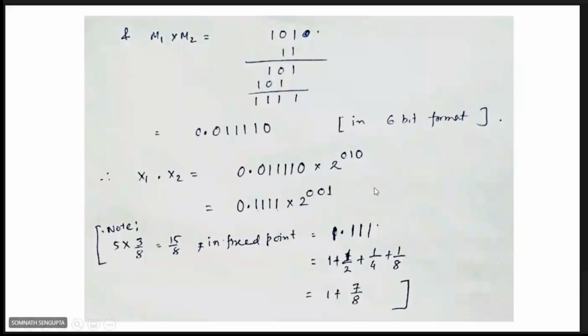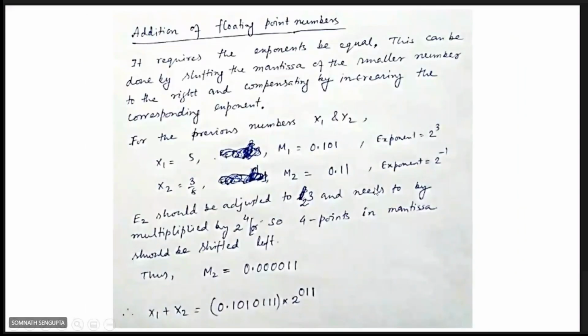Then how do we do addition of floating points? In addition of floating points, both the exponents should be made the same power. That is the main criterion. In one number, the exponent is 2 to the power 3, that is the case for 0.101. And for the number 3 by 8, the exponent is 2 to the power -1.